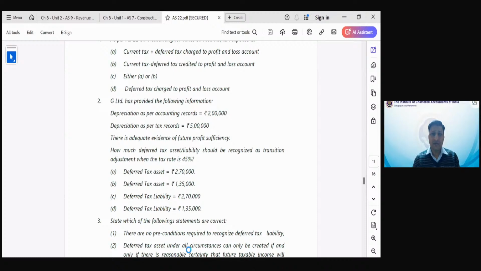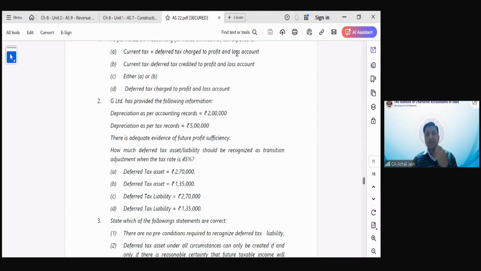This was about AS22, and I'll quickly discuss the solution. In this question, depreciation as per books as well as income tax is given, and the tax rate is also given. So it's a straightforward question.